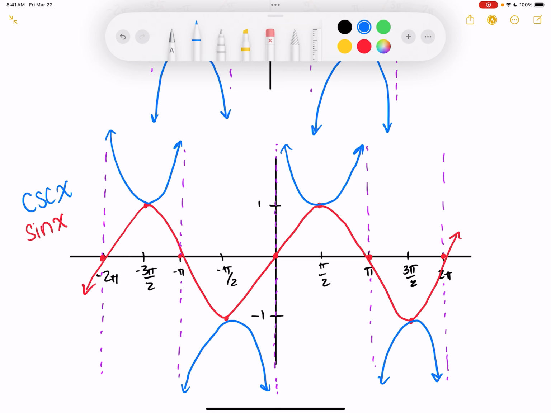And so that will be your parent function for cosecant. So that one can also be drawn once you do your sine graph. You can just go ahead and do that on the same graph for the test.